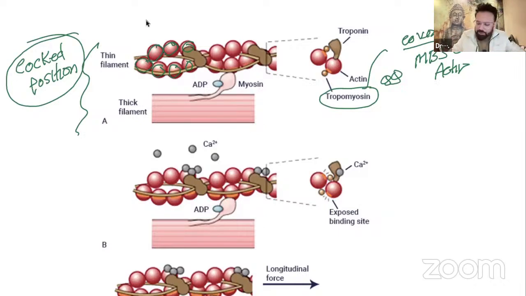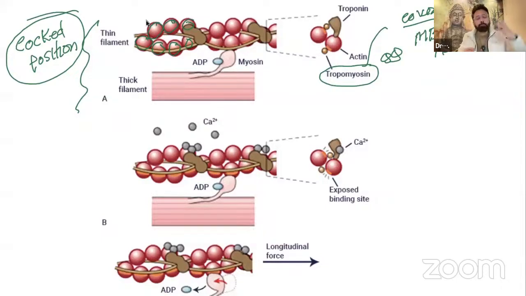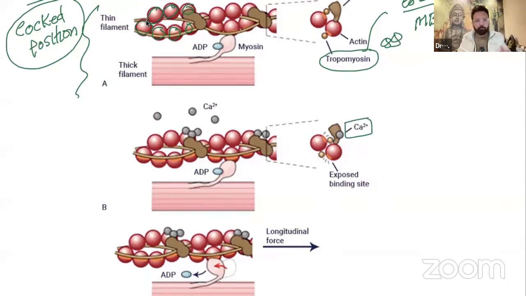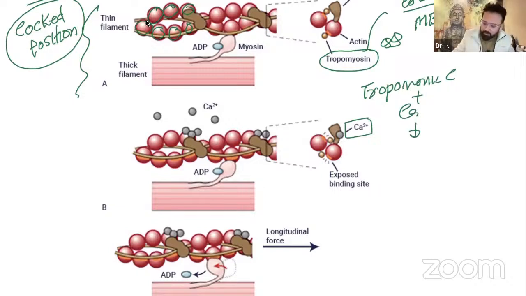So what happened when calcium comes, doctors? Tell me. Very good, excellent. Troponin C combined with the calcium. When calcium combines with troponin C, it causes conformational change to uncover the myosin binding site on actin.